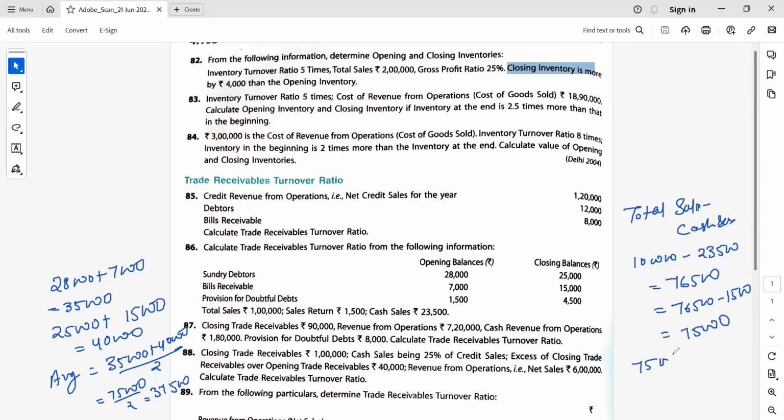So 75,000 is credit revenue from operations divided by average receivable, that is 37,500. It is 2 times.